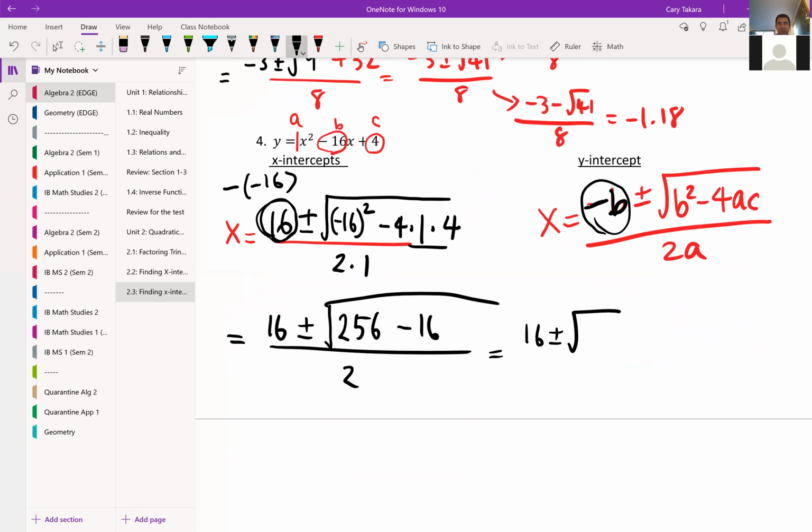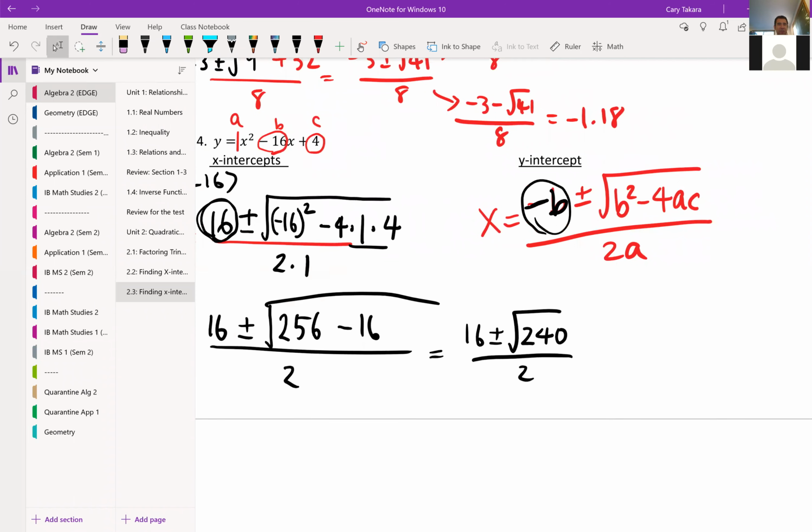So it's the square root of 240 over 2. Did you get 240? Basically, again, the majority of the work is inside the square root sign. Were you able to get 240?